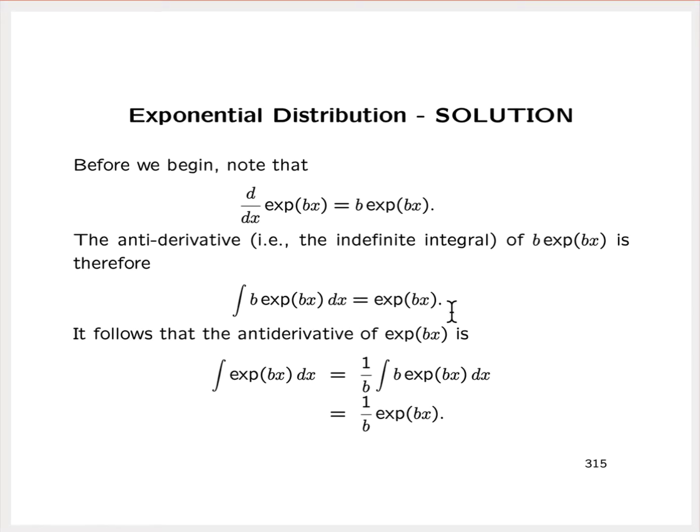And so it follows then that the antiderivative of the function e to the bx is just, using this argument here, very easily shown to be 1 over b times e to the bx power. Okay, so we're going to be using that in the context of this exponential distribution and the derivations that we go through to get various quantities.